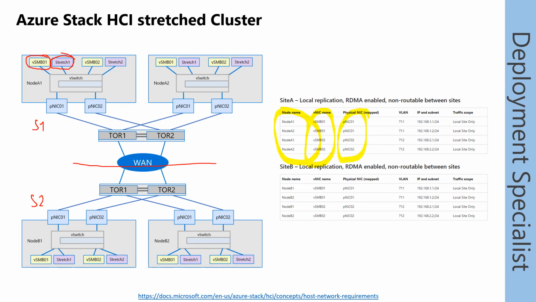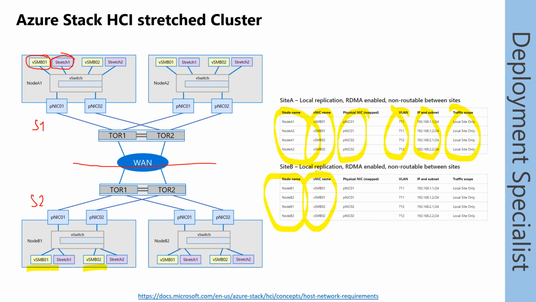This is possible with different VLAN IDs and IP subnets, and this traffic is for the local site only. This is the same situation here inside site B. We have the configuration for the nodes. We have the NIC names for the virtual NICs. This is what we can see here, the SMB2 and the SMB1.